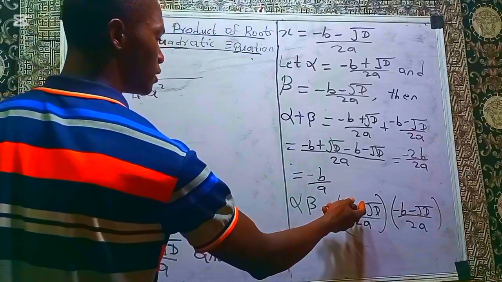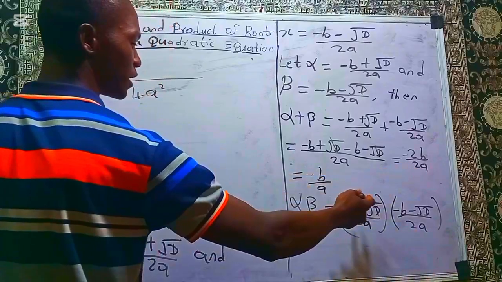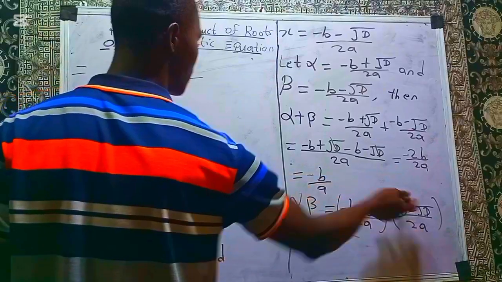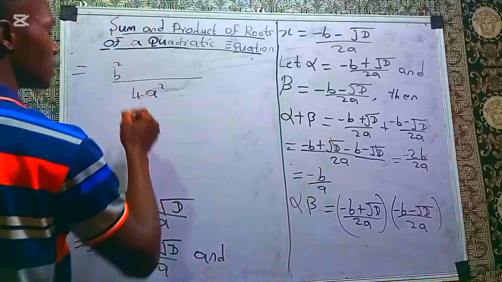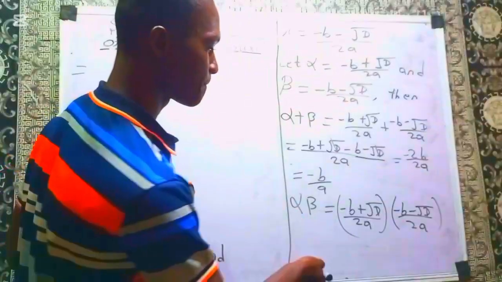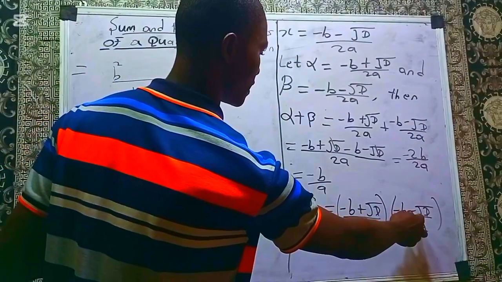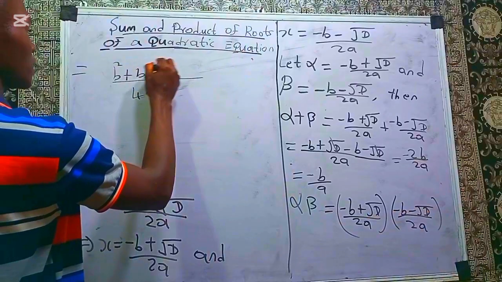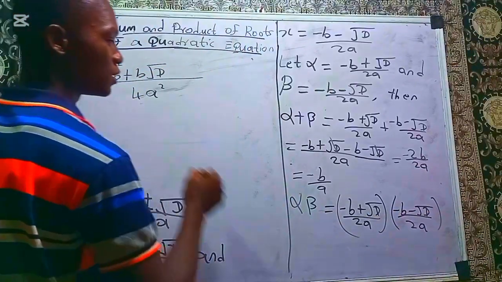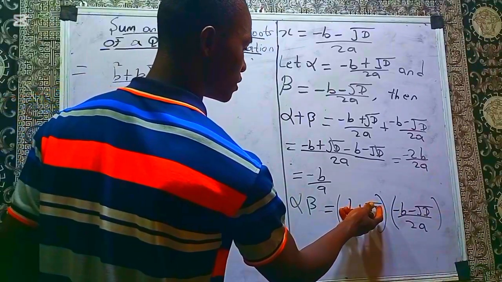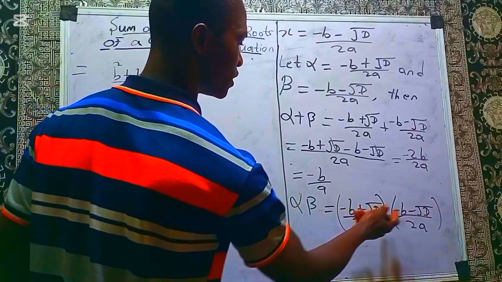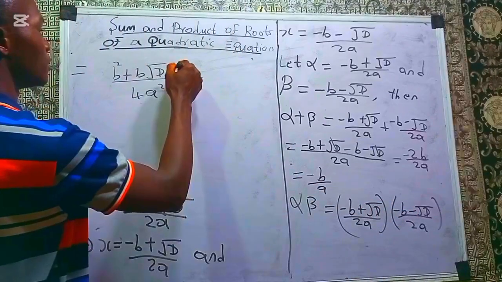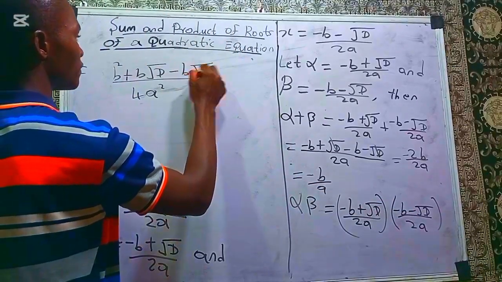Then let's multiply the numerator. Negative b times negative b is b squared. Then negative b times negative square root of d will be positive b square root of d. Then positive square root of d times negative b will be negative b square root of d.